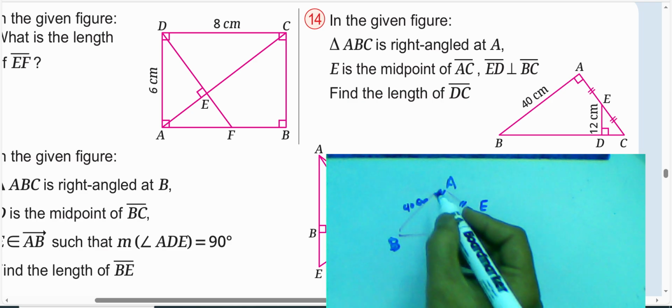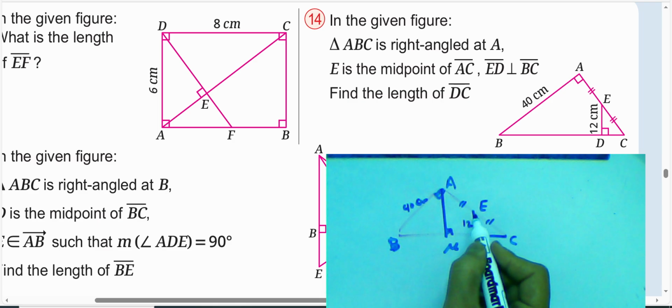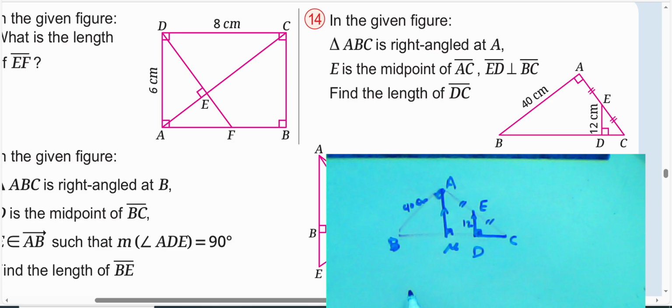I will draw line segment AM here, perpendicular to the base. And look at here, this angle M equals angle D, corresponding angles. Then DE parallel to EM, and ED will bisect the length here. It will be parallel to the base.